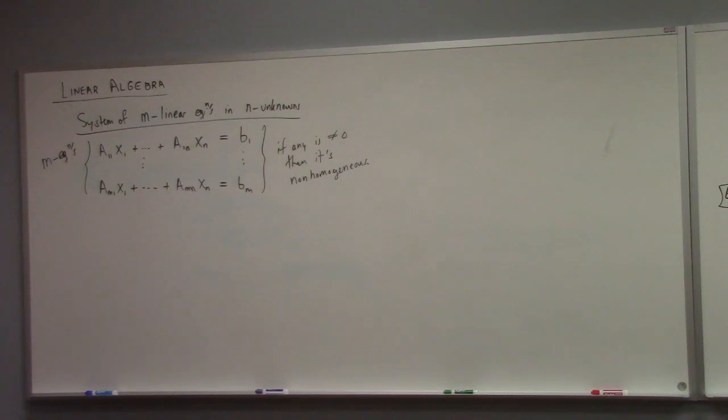Okay, so what do we do? We learned that we can solve this by substitution, right? But then we get tired of writing variables, so we introduce the augmented matrix notation.